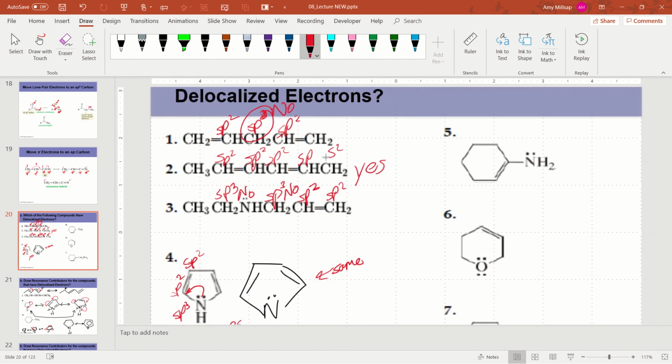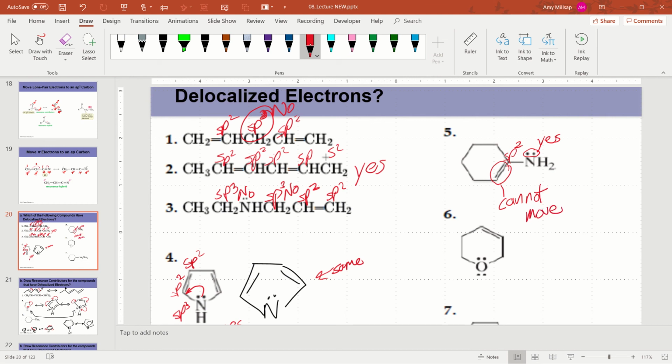All right, now we have a lone pair next to an sp2 carbon, so yes, we can move this lone pair. And we have pi electrons on 2 sp2 carbons, but the pi electrons cannot move. They are localized.